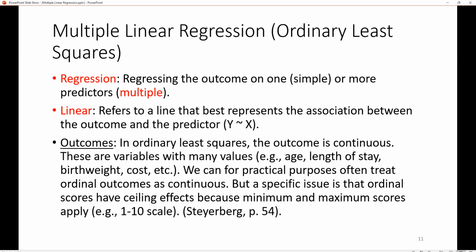So again, we might have a scatter of data in a graph, and we want to put that line in there that best represents it. And so that's what we're doing with linear regression. And we have outcomes. In ordinary least squares, the outcome is continuous. These are variables with many values, and we see that with age, length of stay, birth weight, cost, and so on. We can, for practical purposes, often treat ordinal outcomes as continuous.